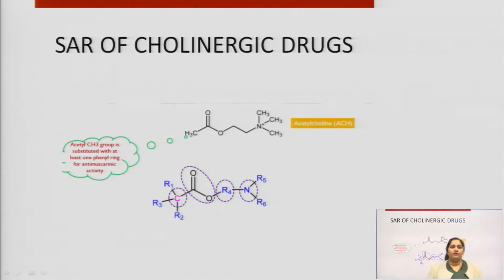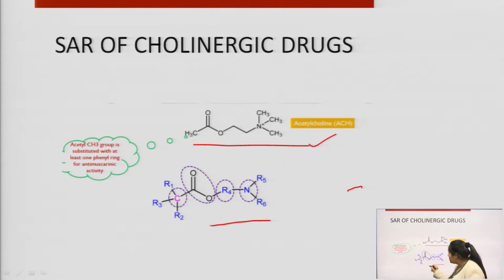When we talk about cholinergic drugs, the structure activity relationship is to be studied. This is the structure of acetylcholine. We have several options to make different substitutions and to study what will happen if we replace certain groups by different substituents. This is the general structure for cholinergic drugs.